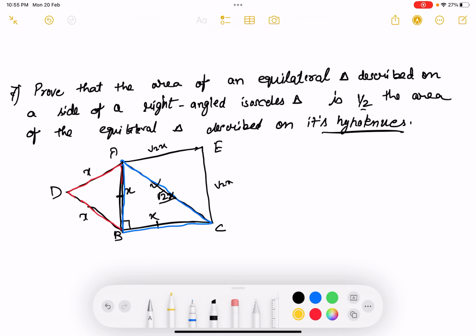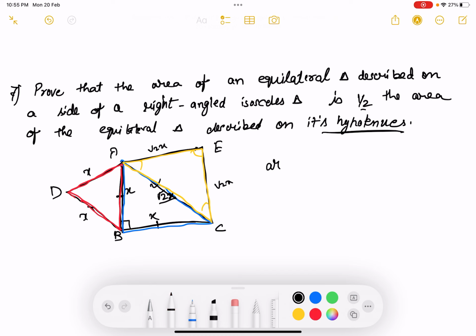And again, these two equilateral triangles are similar because all angles are 60 degrees. So this yellow triangle and this red triangle are similar. Okay, so let's write it.